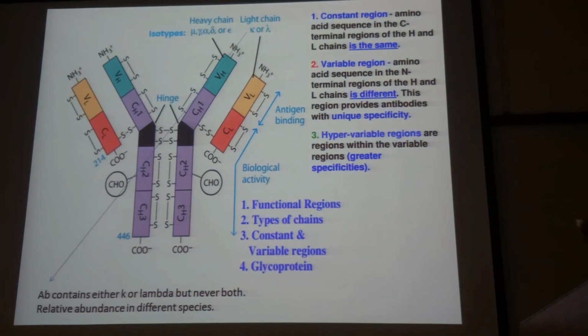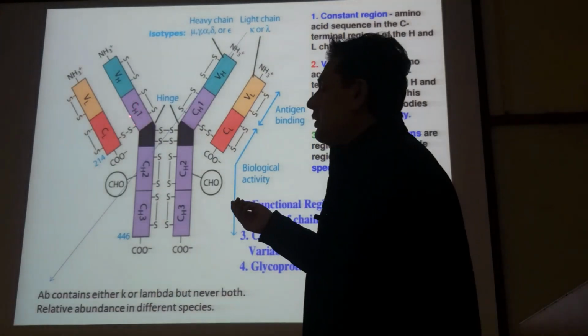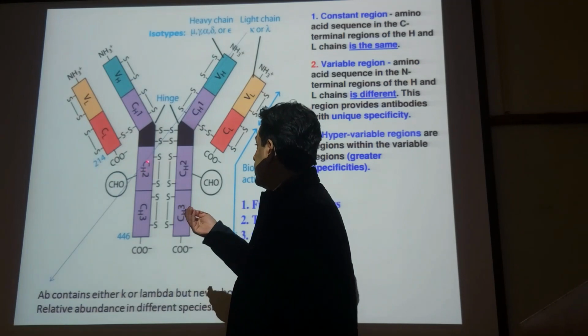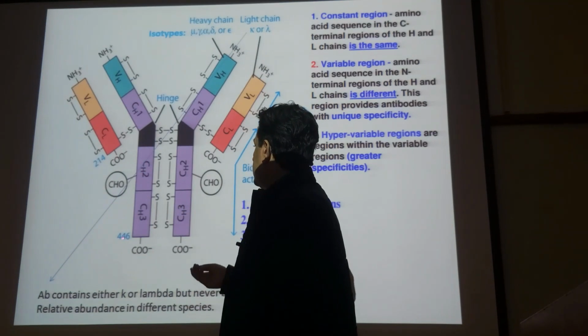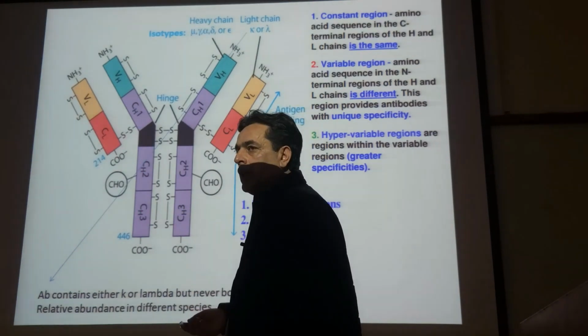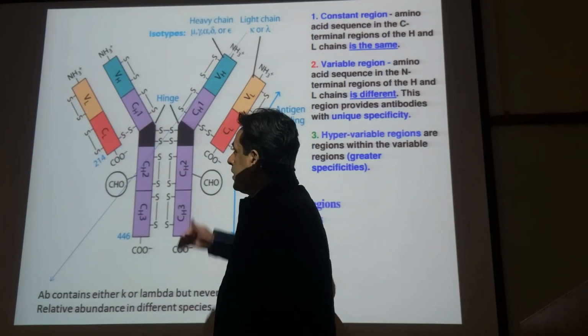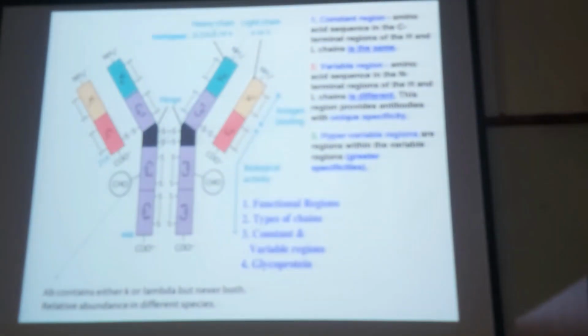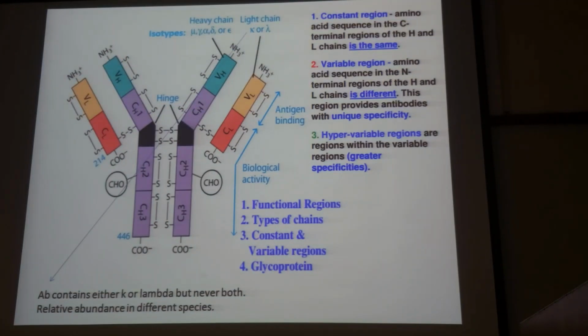For instance, CH1 is the constant heavy chain 1. This is constant 2. This is constant 3. So there can be variation in the number of these constant segments. In different antibodies, the number of these segments is different.